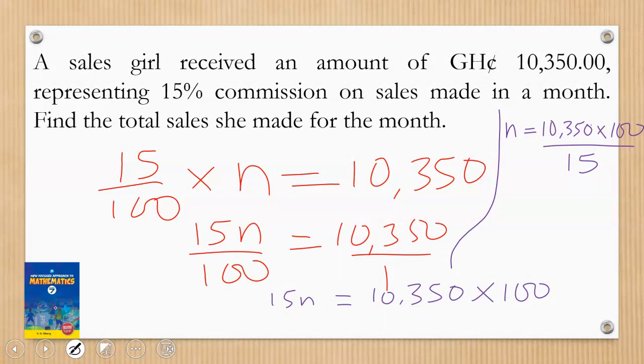Doing simple cancellations, you end up with 69,000. That means the girl made total sales of 69,000, and with 15% commission, she received 10,350.